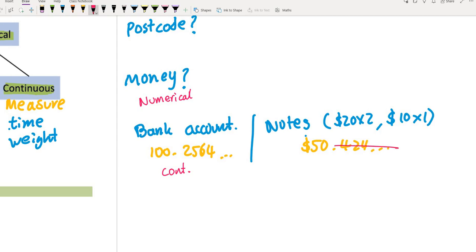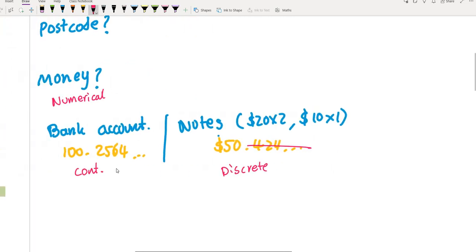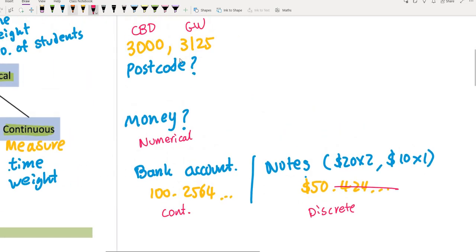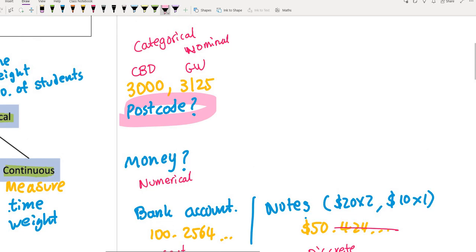So in a case like this is going to be discrete. So numerical discrete. Hopefully that makes sense. So those are the ones that come up that are quite confusing, especially postcode. That's going to come up a lot. Categorical and nominal.